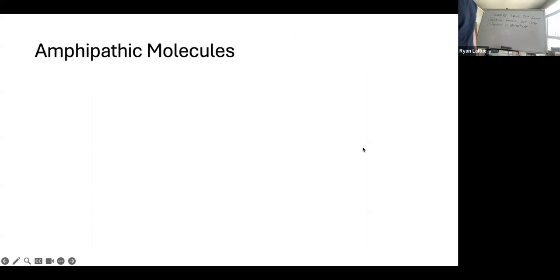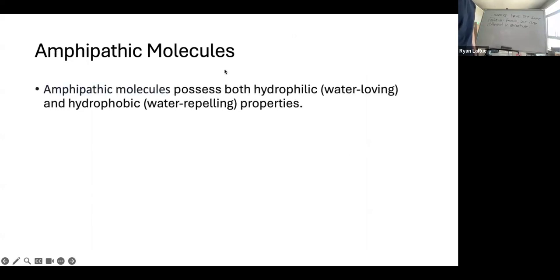Another term that I might have mentioned, can't remember though, so I want to make sure. Amphipathic. So amphipathic molecules, they're kind of dual natured. They have a hydrophilic and hydrophobic portion. So it's one molecule, but they have different affinities for water, essentially.